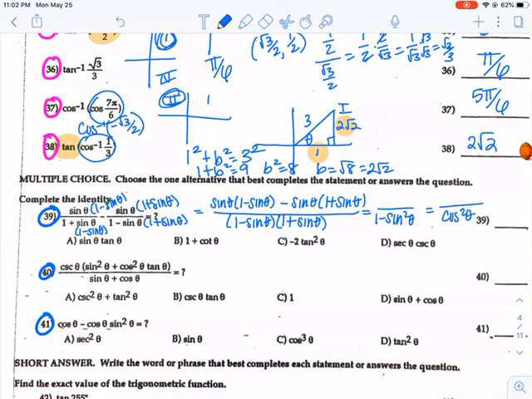Now the numerator, let's distribute. You have sine minus sine squared, minus sine, minus sine squared. The sine minus sine is nothing. In the numerator, I have minus 2 sine squared over cosine squared. And remember, sine squared over cosine squared is tangent squared. So this is the same as negative 2 tangent squared, or C.